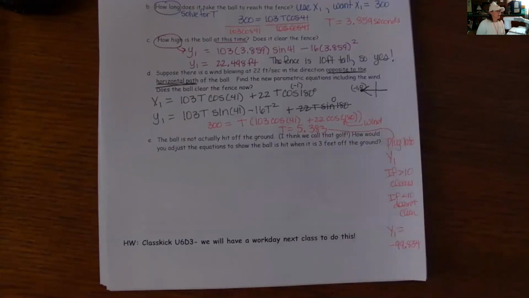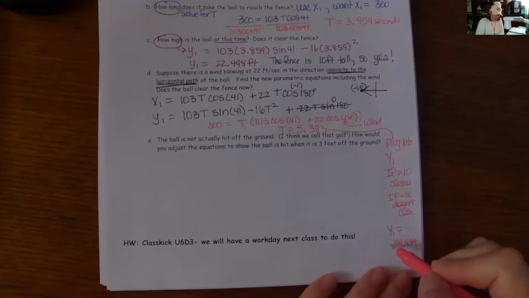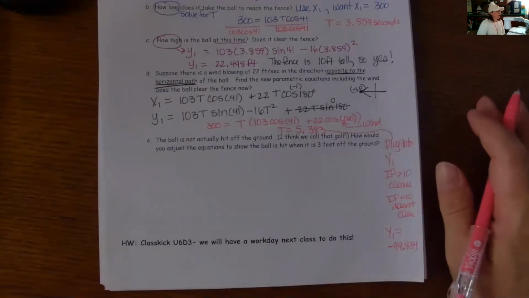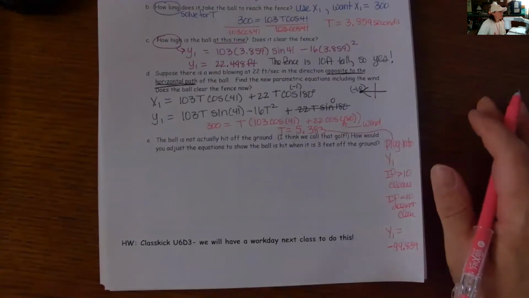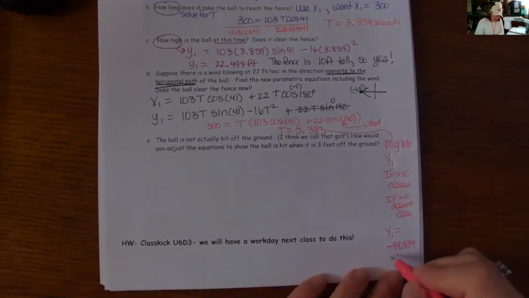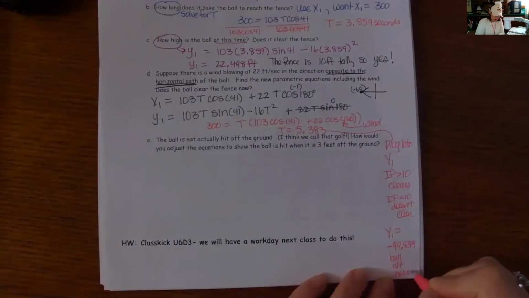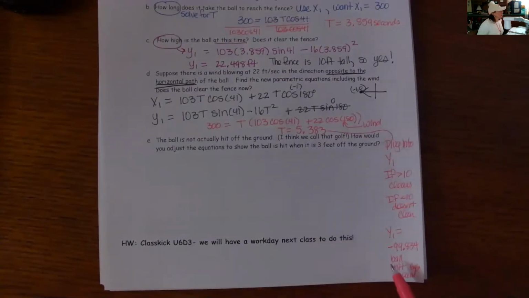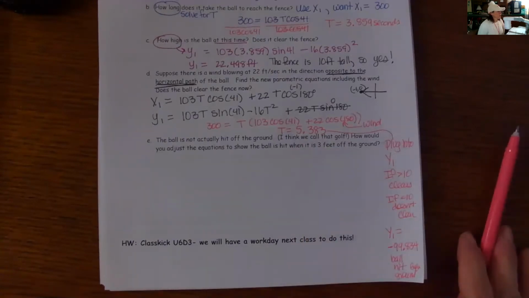What does this mean to you? Well, can the ball be negative 99? No. So what does that mean? Ball hit ground before. That means if it could have traveled for 5 seconds, it hit the ground before that time was up, right?